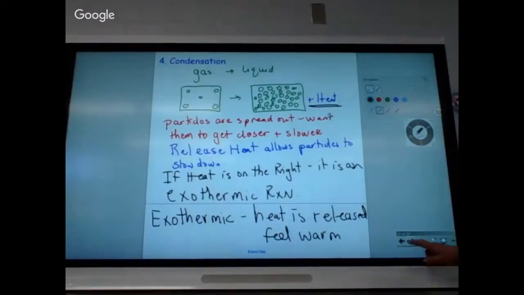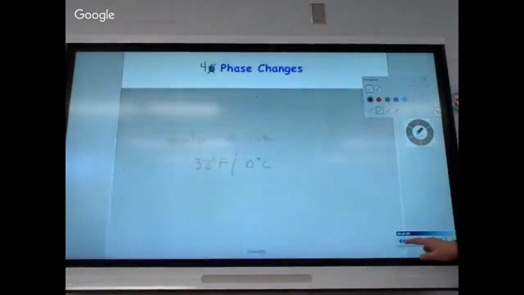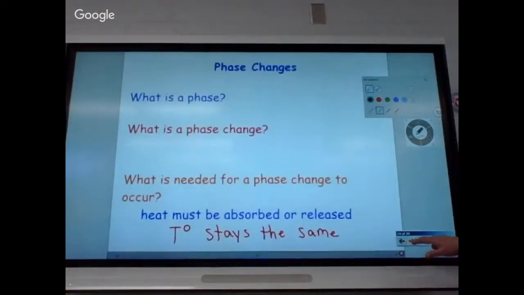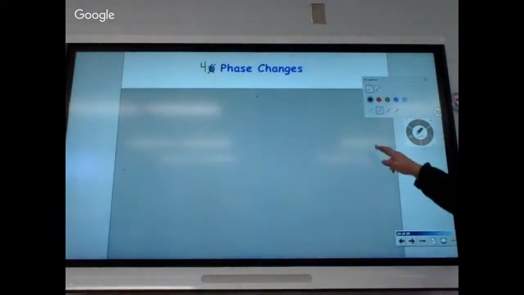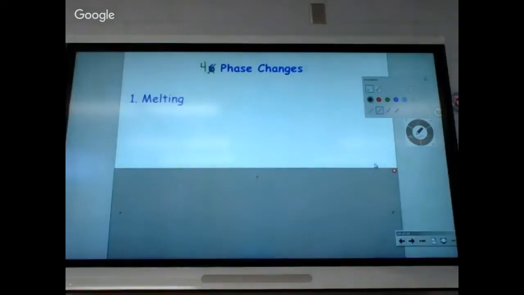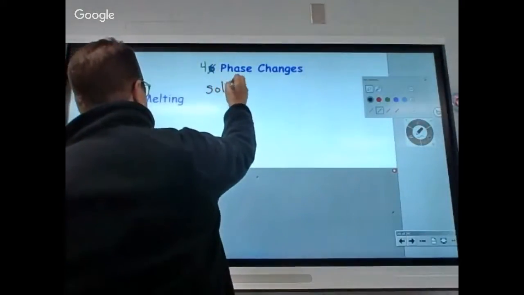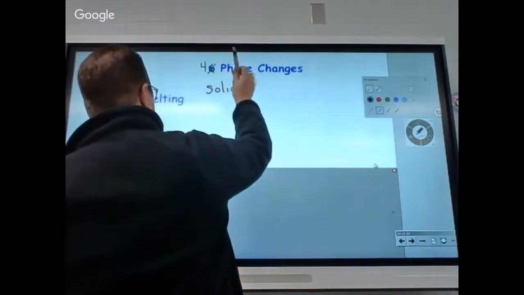All right, so if we go back and do melting and freezing. Whoops, too far. All right. So melting. What state does melting start in? Think about an ice cube. What's an ice cube start as? Starts as a solid. Okay? So we start as a solid. And we change to a what? Liquid.